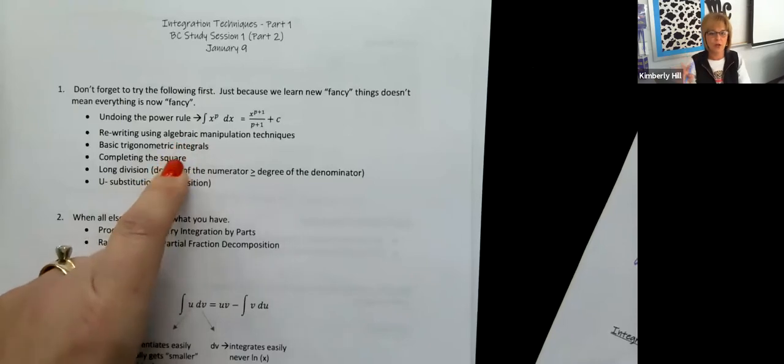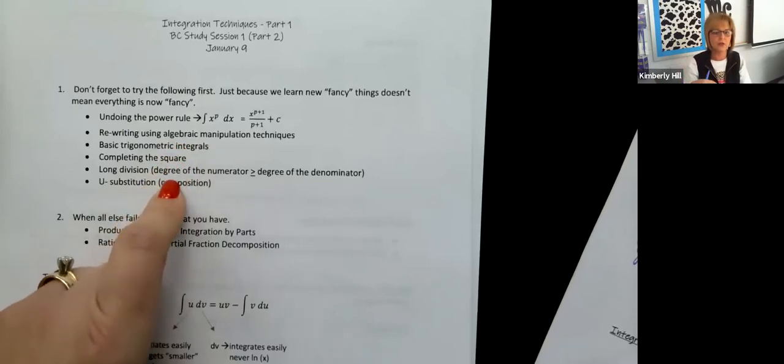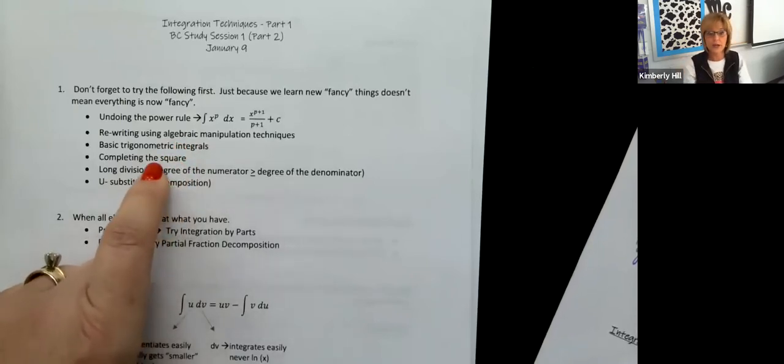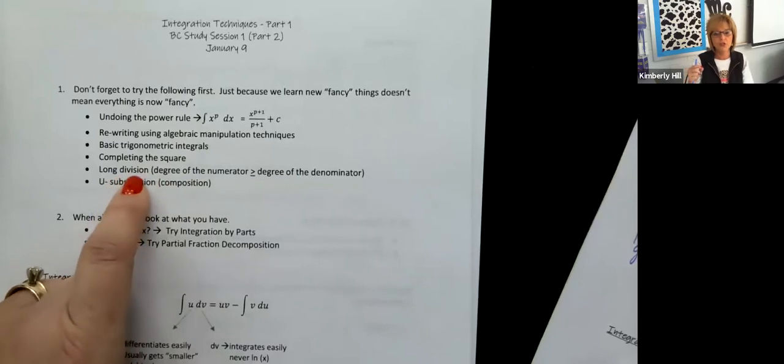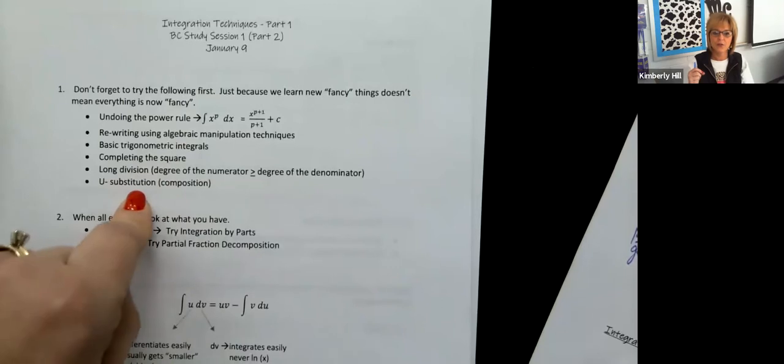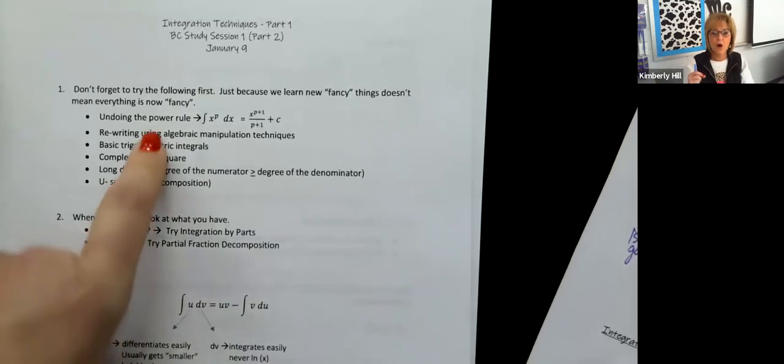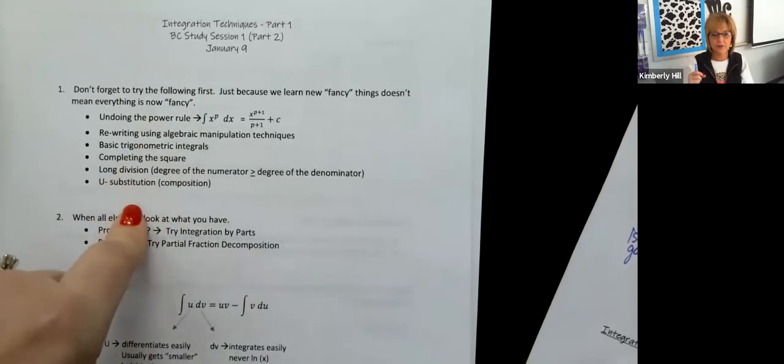You can still do all kinds of those things. You still have basic trig integrals. You can still complete the square to fix it. You still have long division. If you don't do any problems with long division, you probably want to do some just to make sure you're okay with that one. And then don't forget u-substitution. So all those methods are still there.